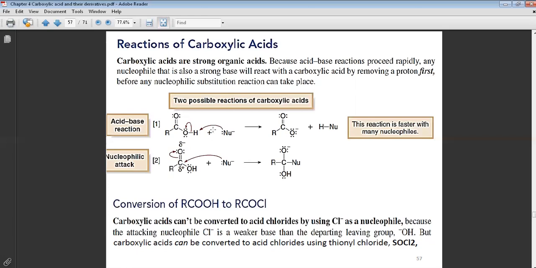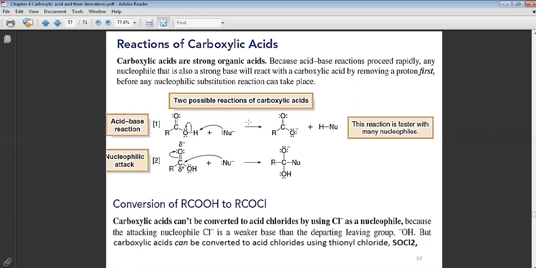Maybe you will say the nucleophile can attack this carbonyl. If the nucleophile attacks the carbonyl and gives you a minus here to give this intermediate, yes, it is possible, but the first reaction is the faster one.